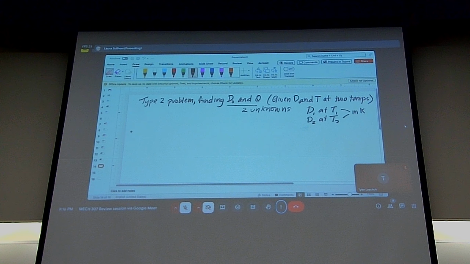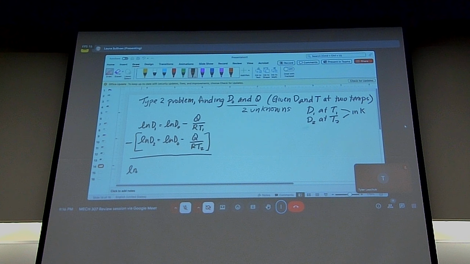We would write two equations, natural log of D1 equals the natural log of D0, which is a constant, minus Q over R T1, and natural log of D2 is natural log of D0 minus Q over R T2. And you would subtract one of the equations from the other.